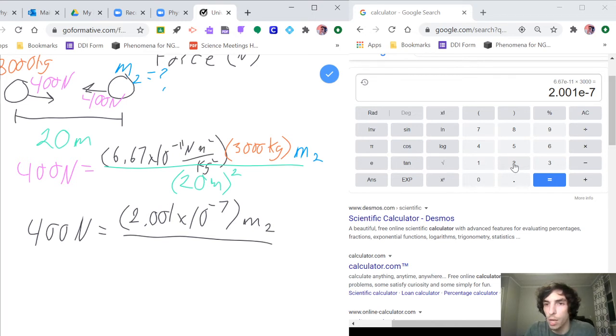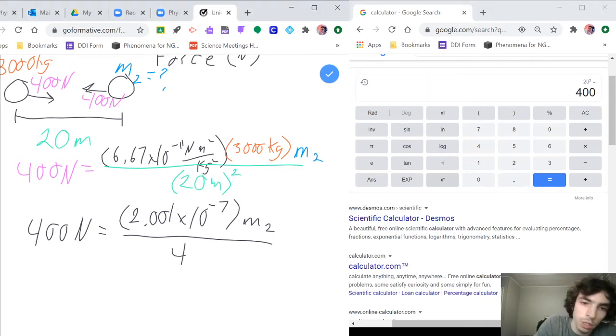Some of you might know that off the top of your head, but since I didn't show this last time, I'll show it here. 20 squared is our 400 meters squared. So you might be wondering what the units are on what we multiplied together here.